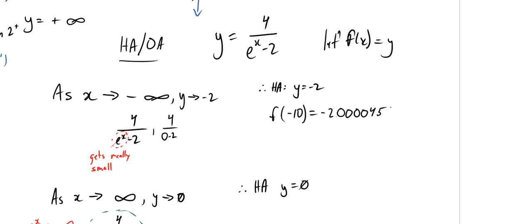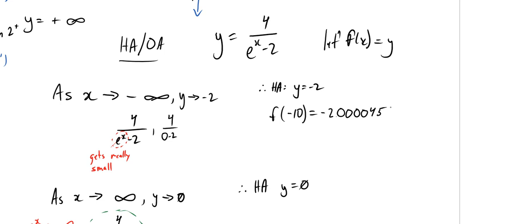That's also a nice way of confirming that I have the right asymptote. This only works for horizontal asymptotes, but for those it does work, where it's very close to negative 2, and you could check negative 11 and see that it's even closer. So I think I've got the right horizontal asymptote. What else does it tell me?